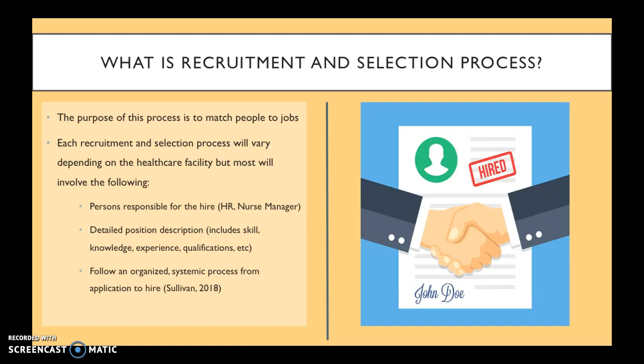Human resources is usually responsible for the initial screening process, whereas nurse managers are more knowledgeable about the job, so they usually provide details about the position description. It also includes the detailed position description, which involves skill, knowledge, experience, and qualifications. And lastly, this process follows an organized, systematic process from application to hire.